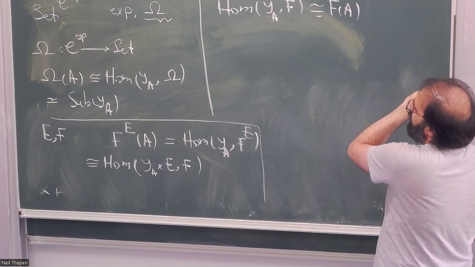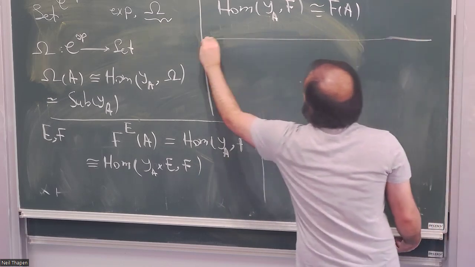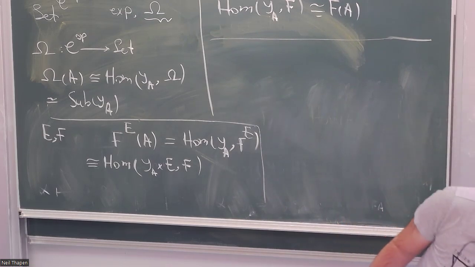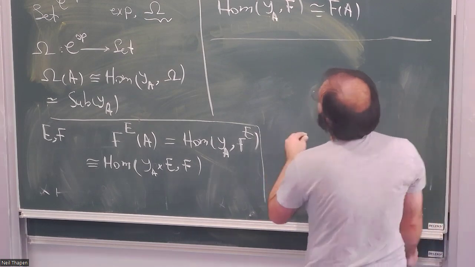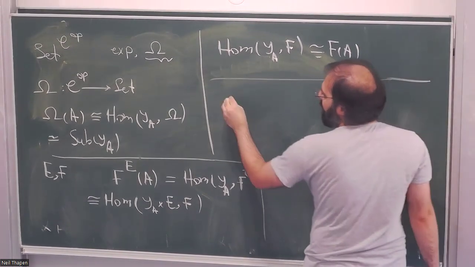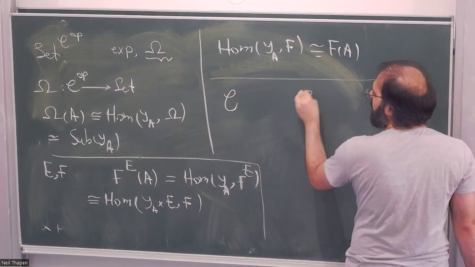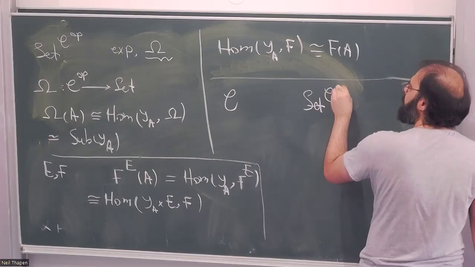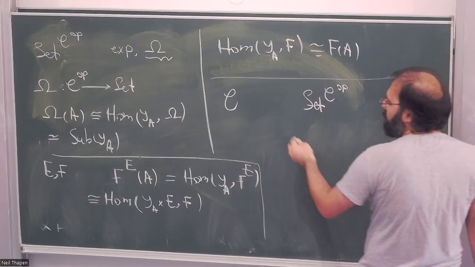So that kind of completes some part of the things that I wanted to say. Let me just remind you, the whole point is this. We started with a category C of some simple objects. We explained that this can be read as the category of generalized objects.